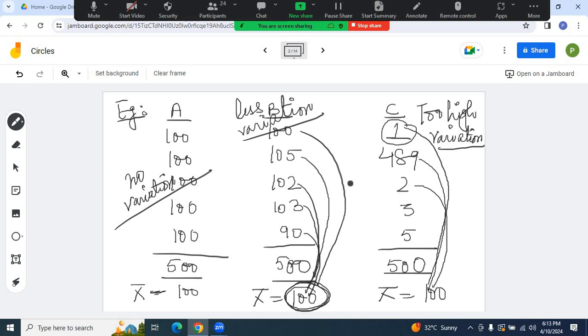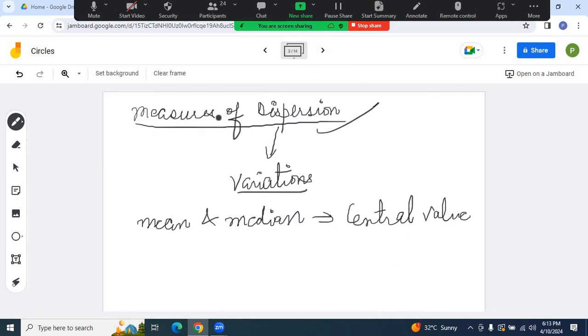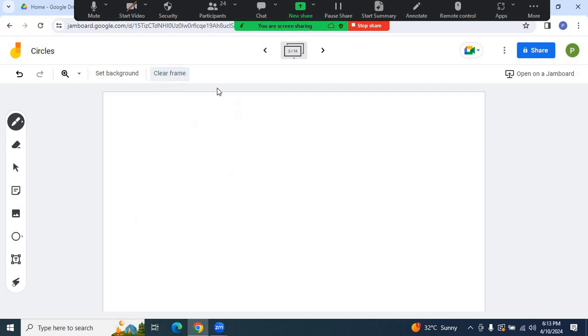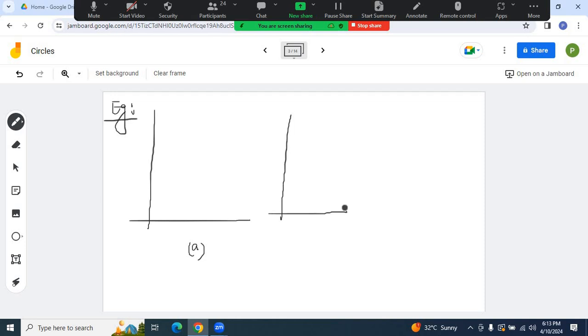Right? I'll explain it to you graphically, quickly. For example, I have 3 graphs. This is graph A, this is graph B, and this is graph C. Now in graph A, it's a comparison of 2 series.